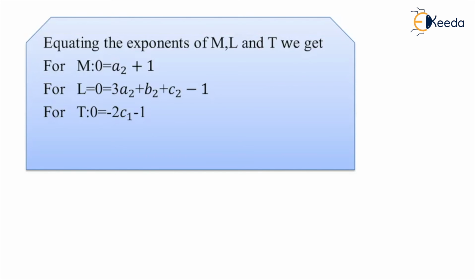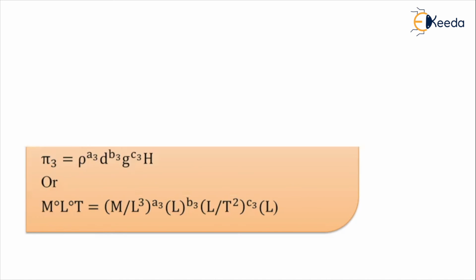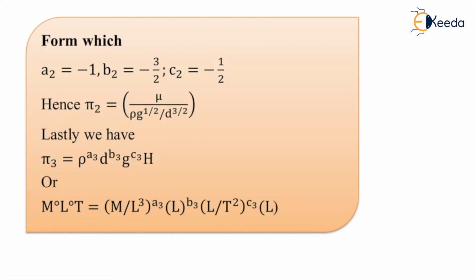By equating the exponents of M, L and T, we get for M, 0 equals a2 plus 1, for L, 0 equals 3a2 plus b2 plus c2 minus 1, and for T, minus 2c2 minus 1 equals 0. From which a2 is equal to minus 1, b2 is equal to minus 3 by 2, and c2 is equal to minus 1 by 2. Hence, pi 2 is equal to mu upon rho into g raised to 1 by 2 into d raised to 3 by 2.